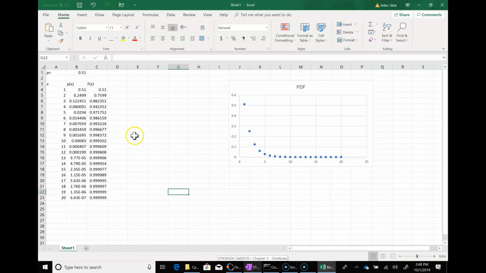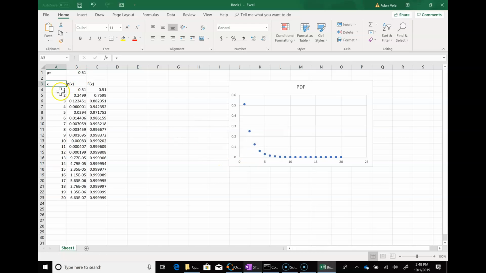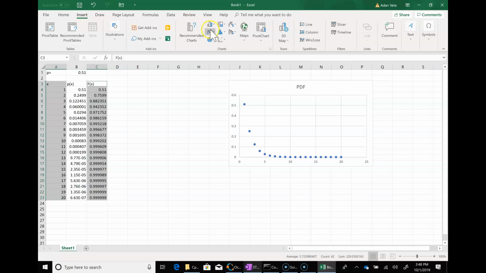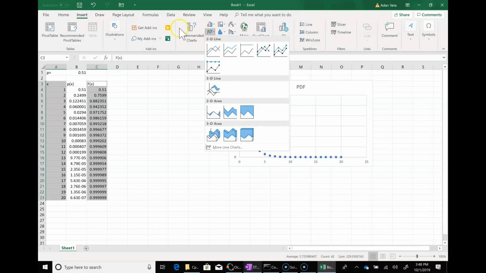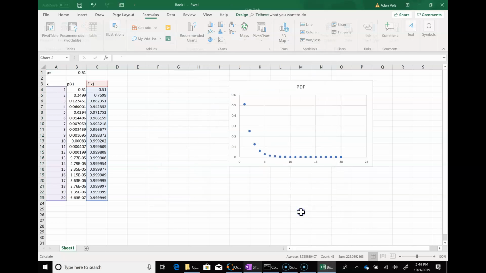Okay, so let's see what our CDF looks like. So I'm going to highlight these two columns. Yeah, there we go.